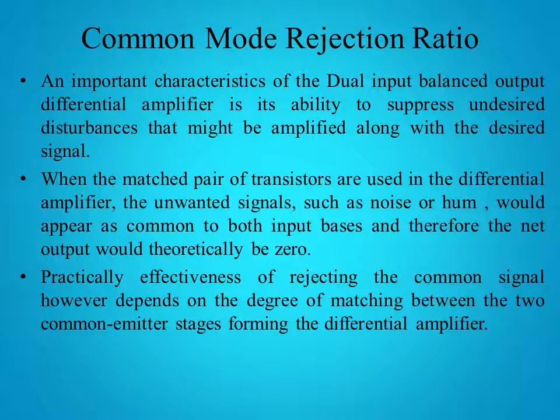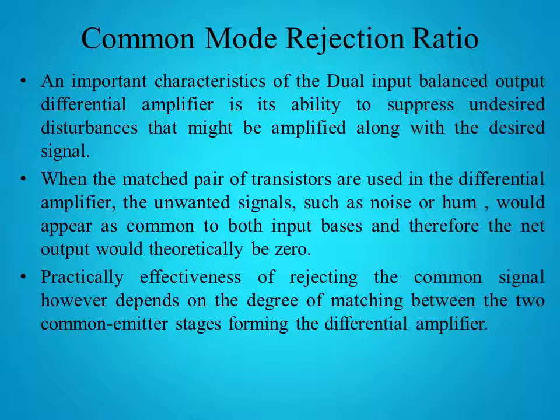Practically, the effectiveness of rejecting the common signal depends on the degree of matching between the two common emitter stages forming the differential amplifier. Theoretically we can say it comes out to be zero, but practically we know no two transistors are perfectly matched, no resistors have the same value of resistance. So the two stages of the differential amplifier are nearly equal, similarly matched, but they are not perfectly matched.